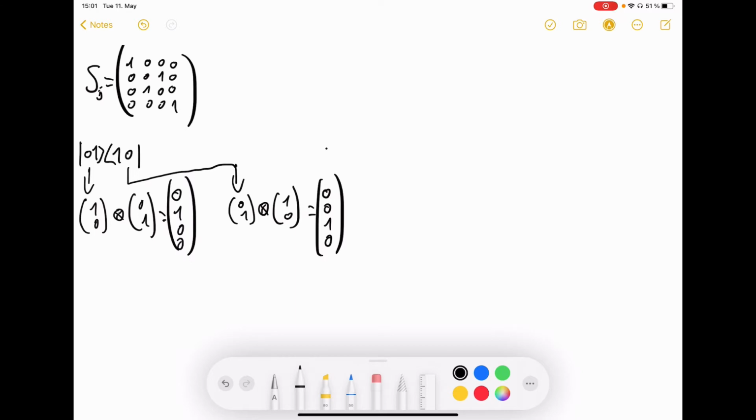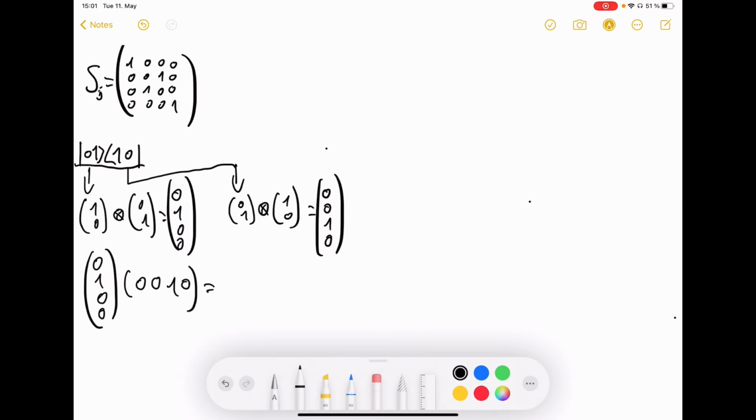Now, what we have here is the column vector of 0, 1, which is given by 0, 1, 0, 0, and the row vector of 1, 0, which is given by 0, 0, 1, 0.